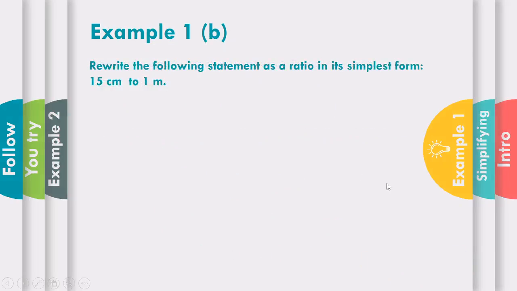Guys, sometimes we get questions where we have something like this. We've got 15 centimeters to 1 meter. Now those quantities aren't the same kind. We're going to write this ratio: we've got 15 centimeters to 1 meter. If you remember from our previous video, we have to get these units the same before we can do anything else.